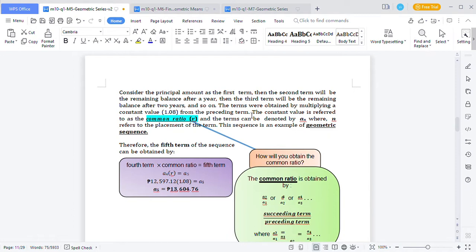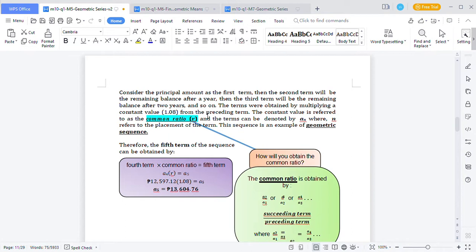So again, you have 10,000 and you multiply by 1.08, your answer is 10,800. And then you multiply 10,800 again by 1.08 and you obtain the next term. So that 1.08 you obtained by multiplying the preceding term. You call that the constant value, and that constant value we call the common ratio.